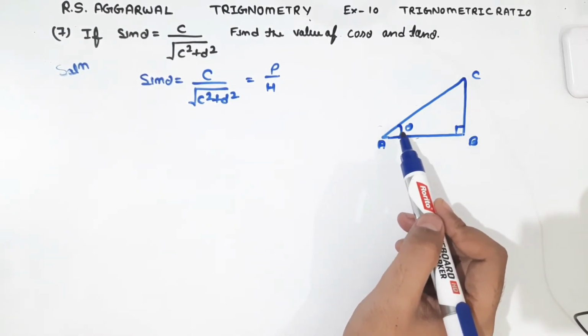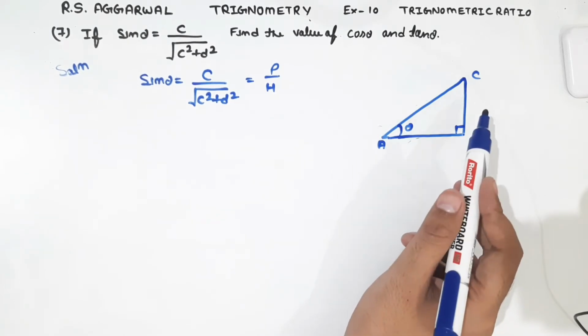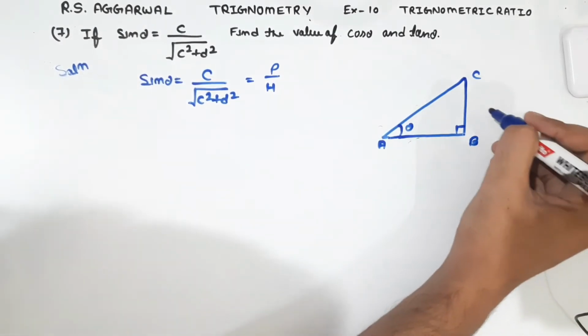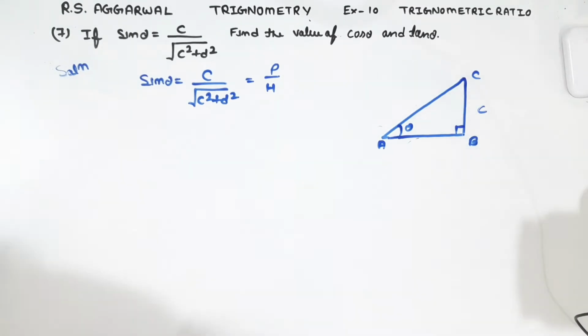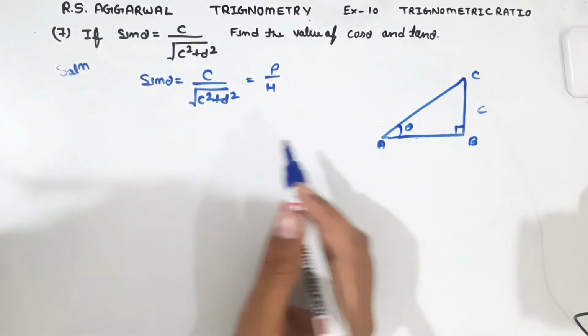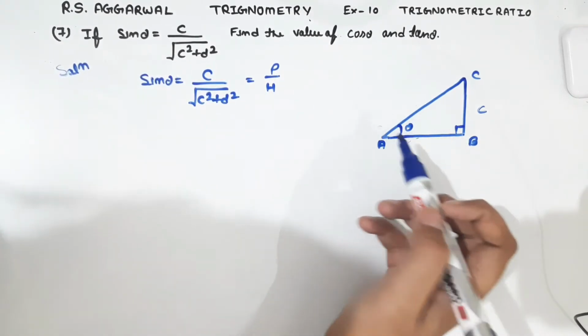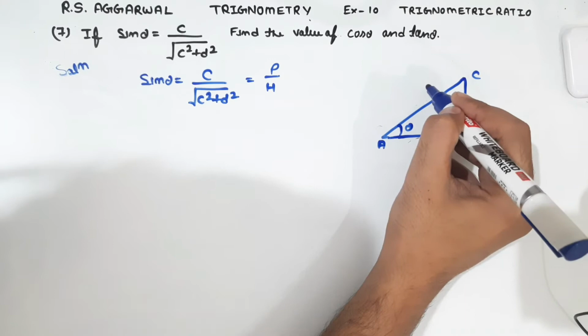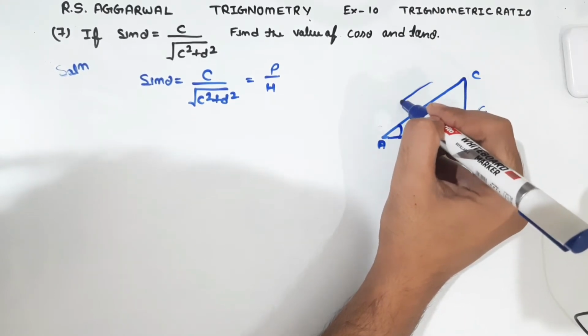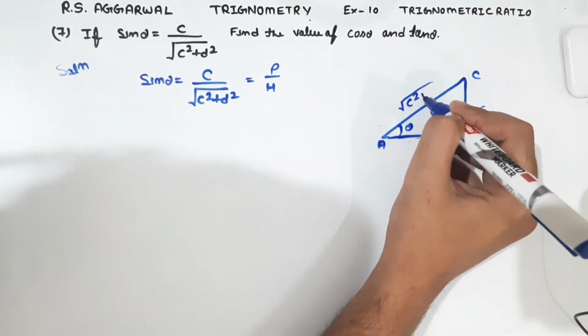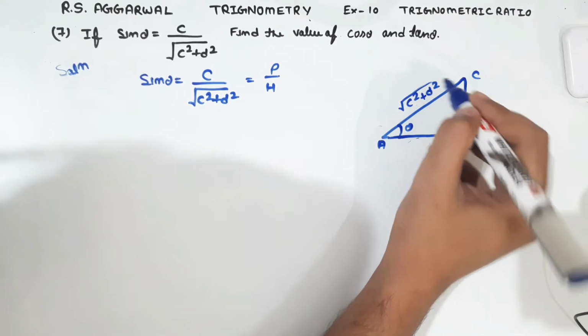So here this is a right angle triangle whose angle A is theta. So the side opposite to angle theta will be perpendicular, that is C. And side opposite to 90-degree angle will be hypotenuse, that is under root c square plus d square.